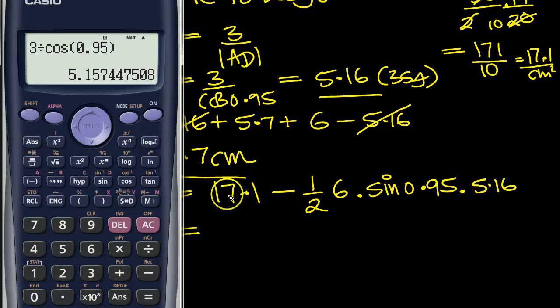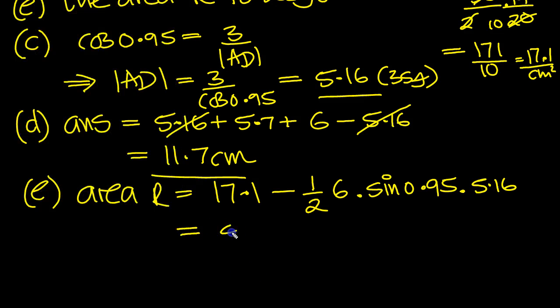Quite a few little glitches here, but we've checked them as we've gone along. 17.1 minus 3 times 5.16 times sine of 0.95, close the bracket for the sine, is 4.51 centimeters squared, and that's the 2 decimal places.